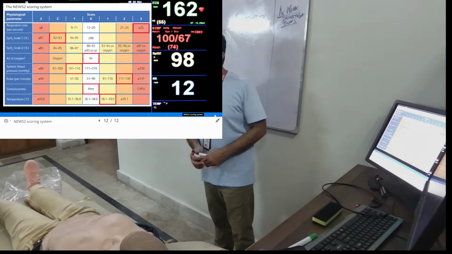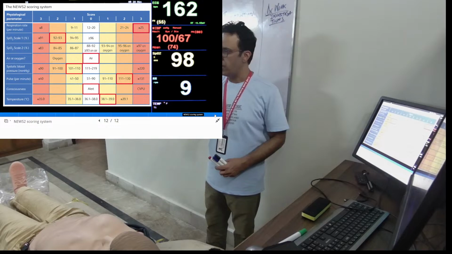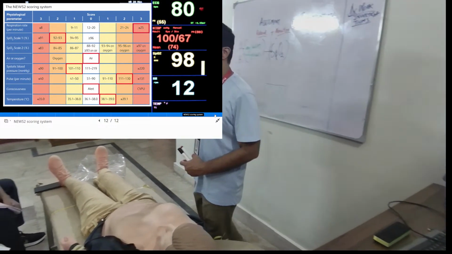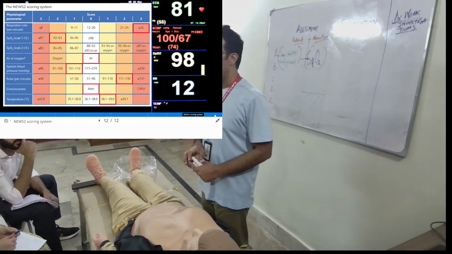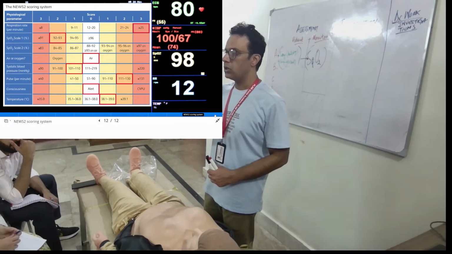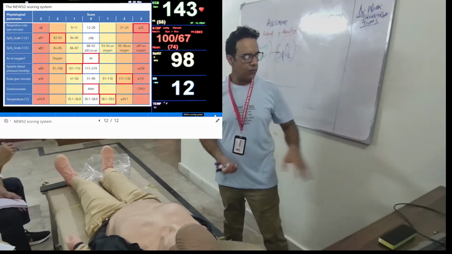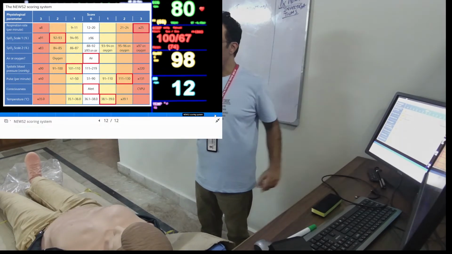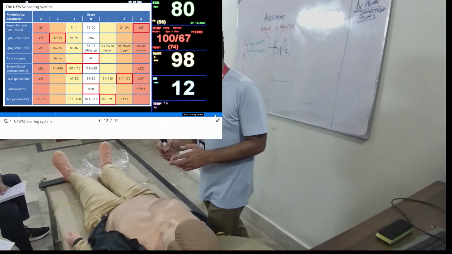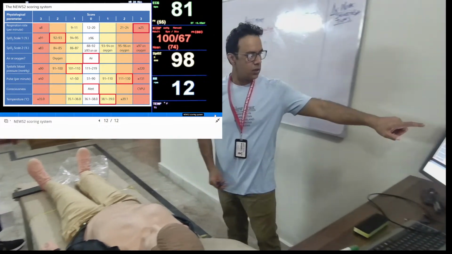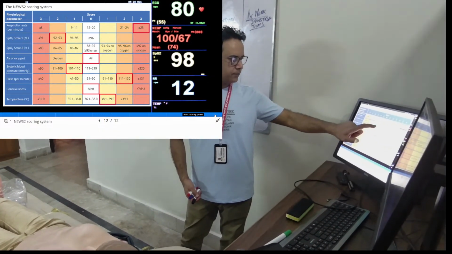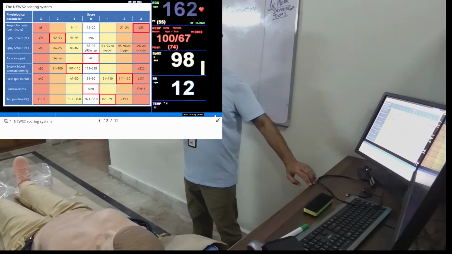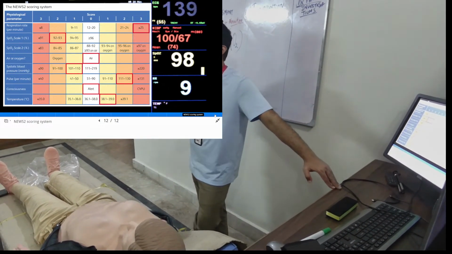Okay, so which means that when a patient is acutely unwell, we aim to keep the oxygen at 96% or above. Otherwise, based on your score, 94 or 95, the patient will have a NEWS score of 1.